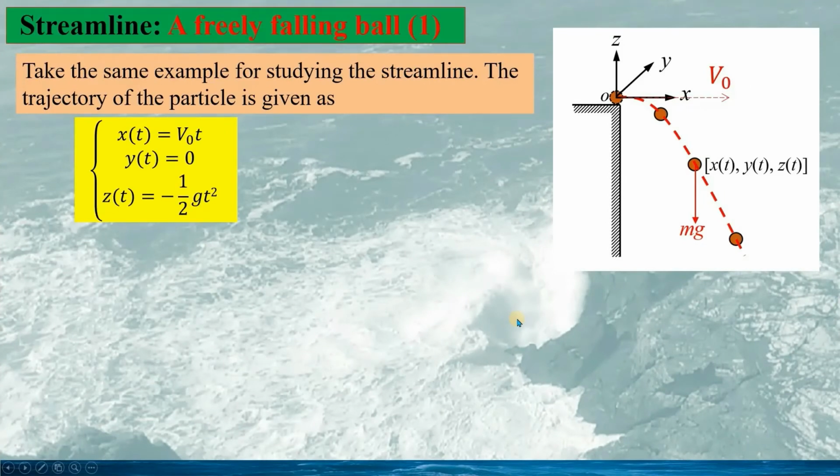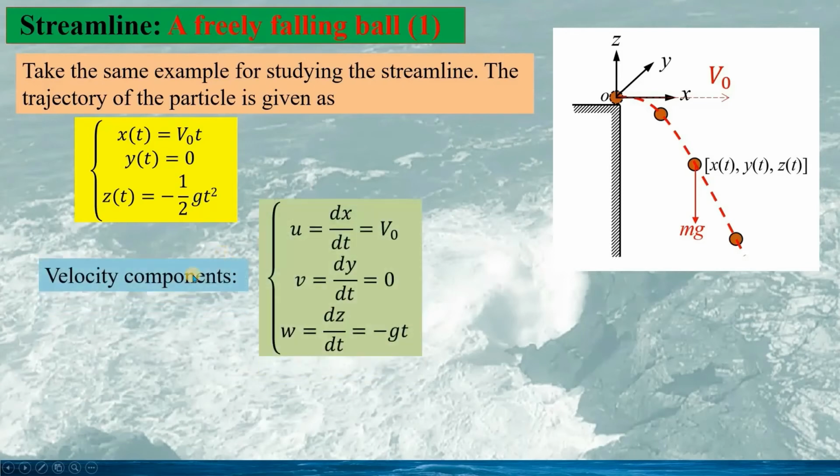And then we can use the same example for studying the streamline. We have obtained the trajectory of the particle as given. So we can calculate the velocity component u given as this, v is 0, and w is given as this.